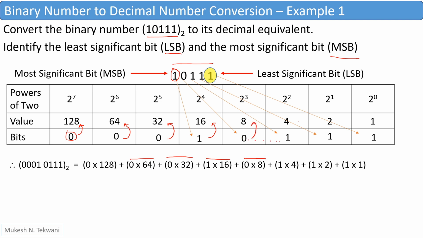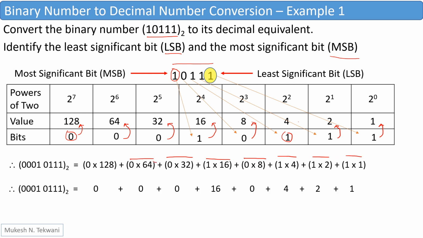So at each position what we are doing is we are multiplying the bit with the appropriate power of 2 or the value. So 1 into 4, then we have the next bit, 1 into 2, and the last bit is 1. We multiply it by its weight 1, so that is 1 into 1.